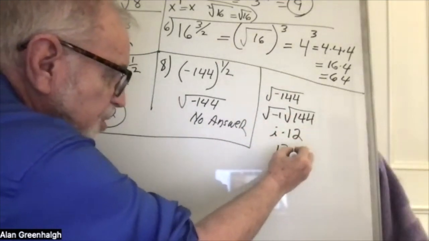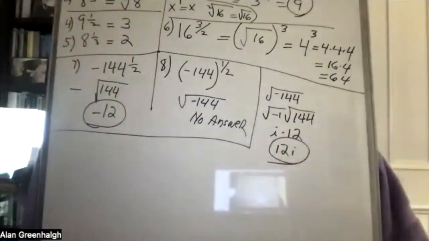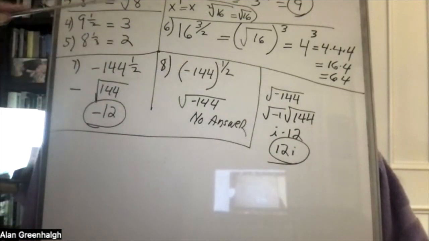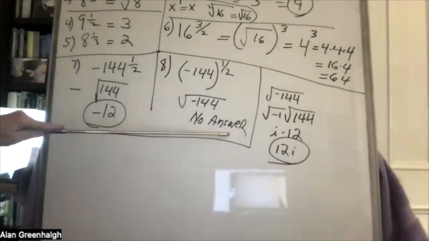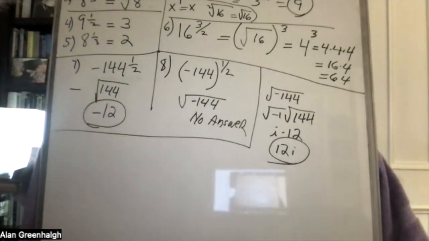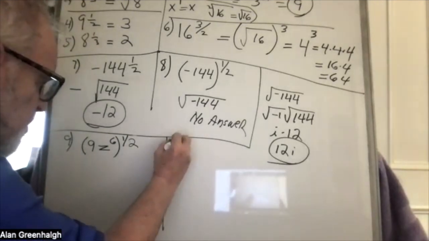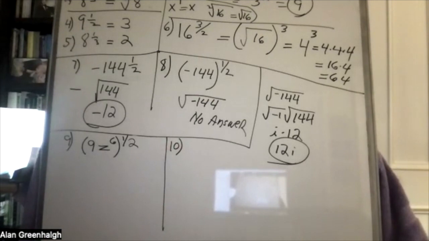So the answer is 12i. You could do that, right? This is an imaginary number, but we haven't been talking about imaginary numbers. We're talking about real numbers. And this would give you the real number. This would give you the imaginary number. And actually, this problem as well.